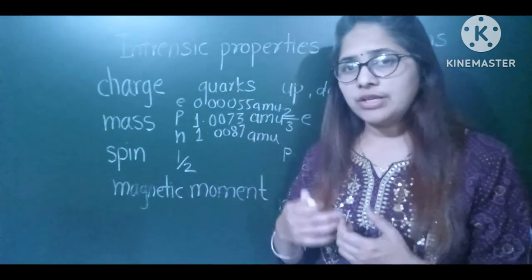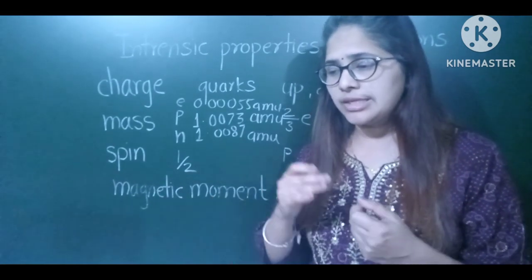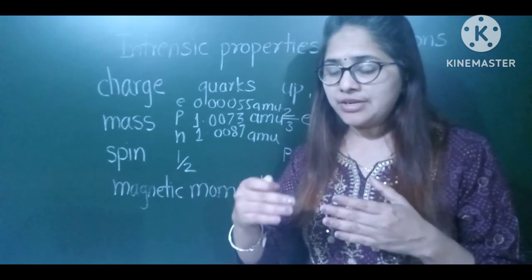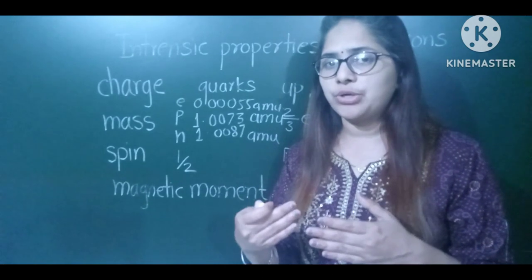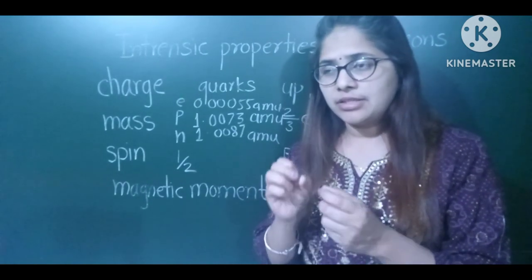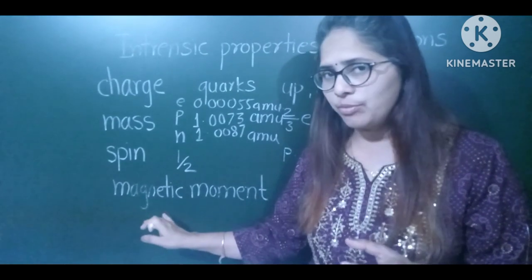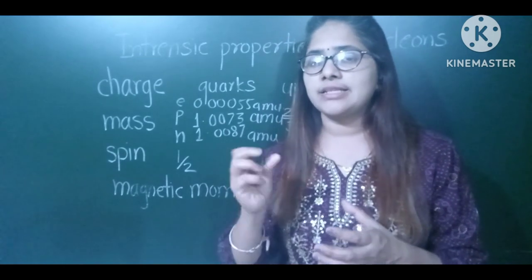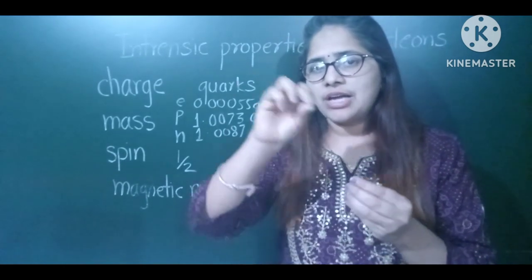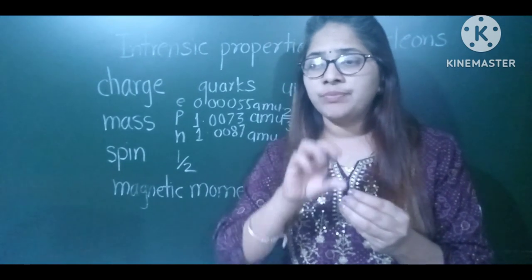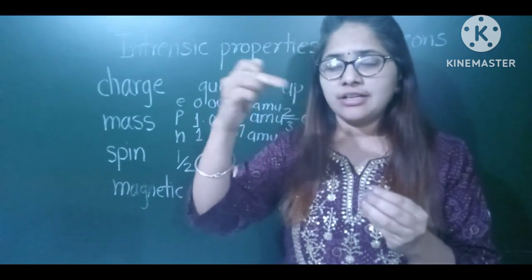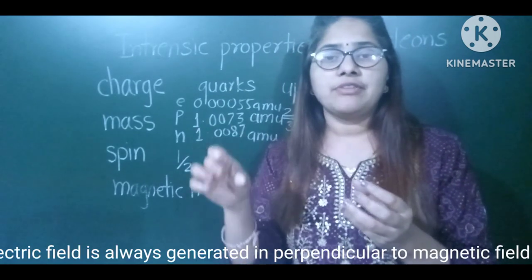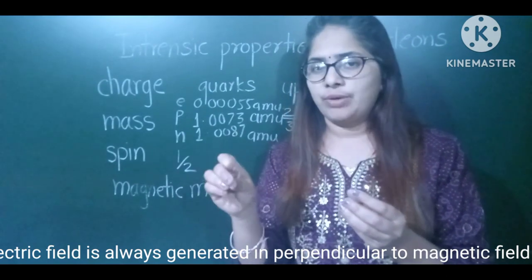Now, whenever there is a charge in motion, an electric field is generated, and along with that electric field, a magnetic field is generated perpendicular to it, and the strength of that magnetic field is called the magnetic moment. For example, the electron has two motions, orbital motion as well as spin motion. Whenever the charge is moving along the orbit, a magnetic field is generated, and the strength of that magnetic field is called the orbital magnetic moment.